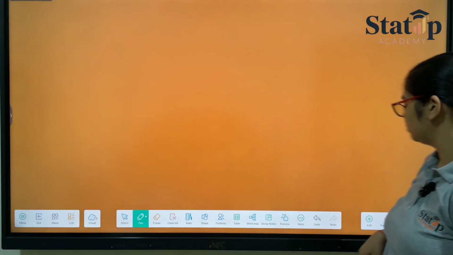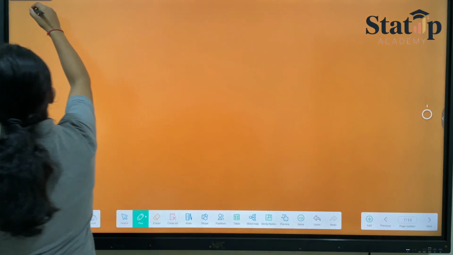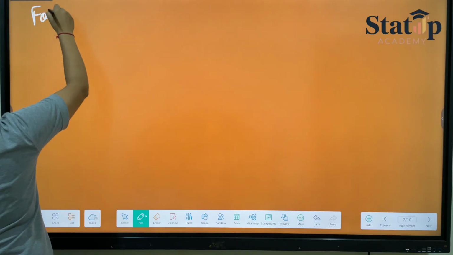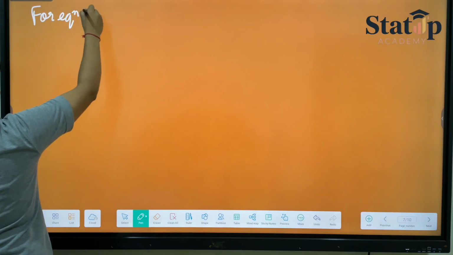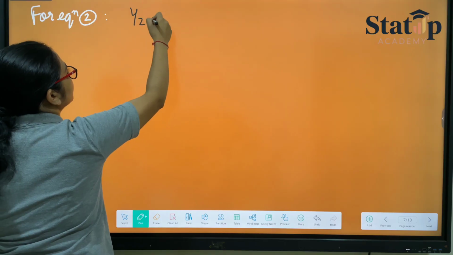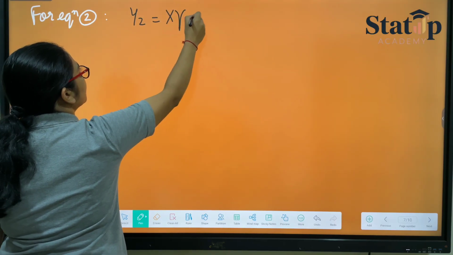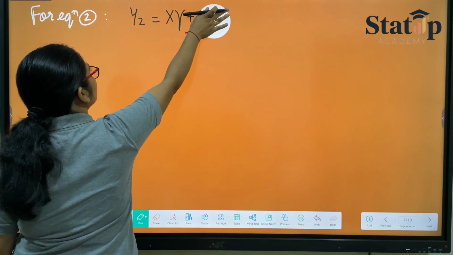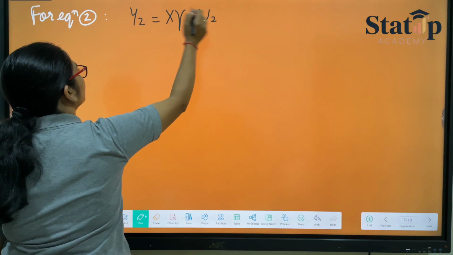Now again for equation 2, we can write y2 equals x gamma plus u2.